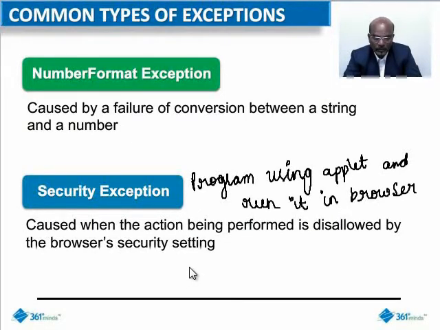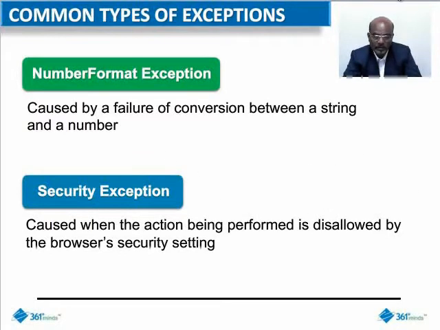So when an applet tries to run on a browser that is not allowing the applet to run, a security exception is raised and it is shown on your output screen stating that it is a security exception.